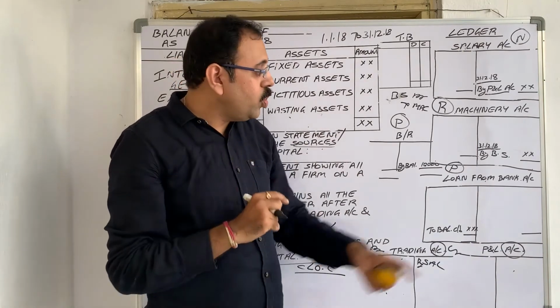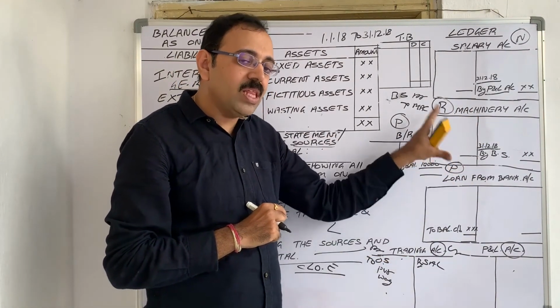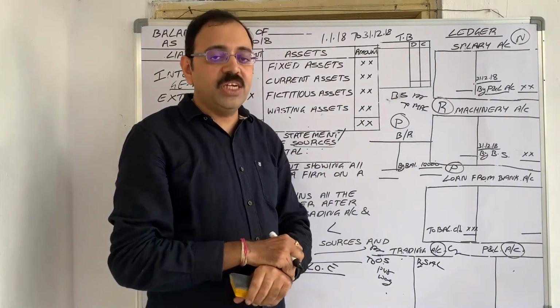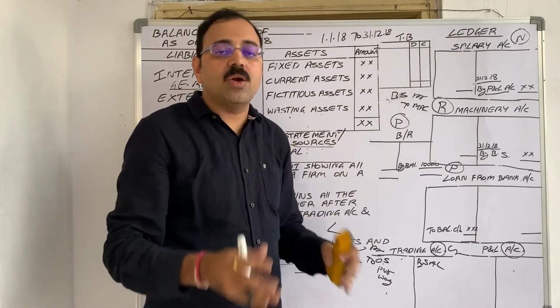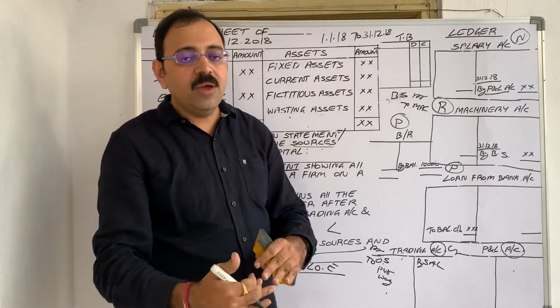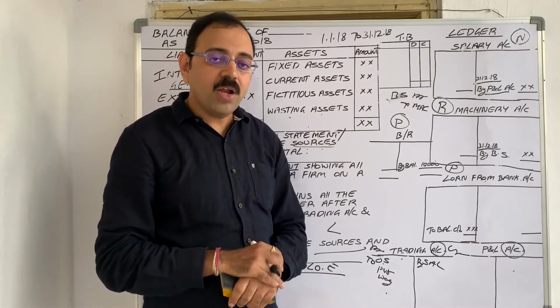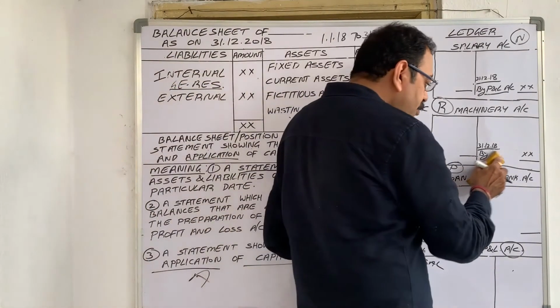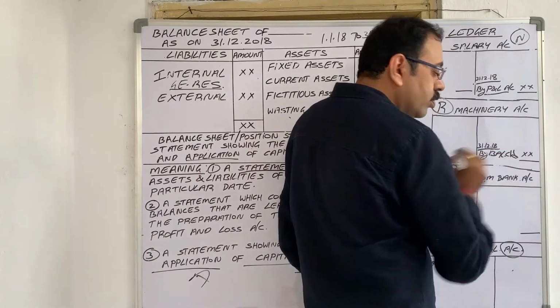So even though you close all real accounts and personal accounts by transferring the balance to the balance sheet, next year again we have to open all these accounts. So why close them? Why open them? Unnecessary work. So what do we do? We write by balance carried down.